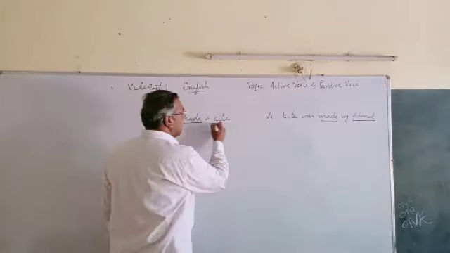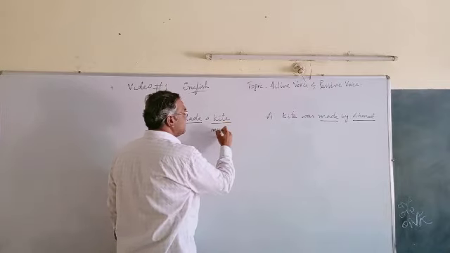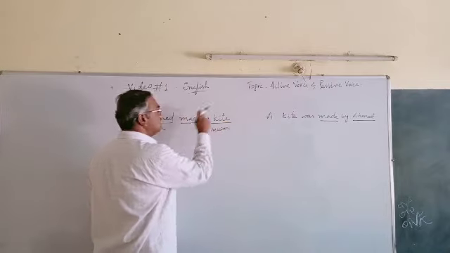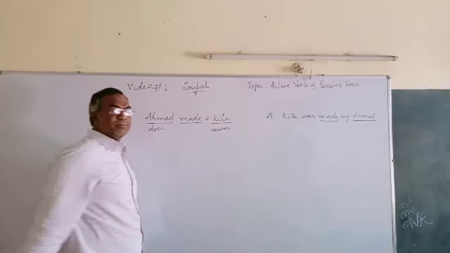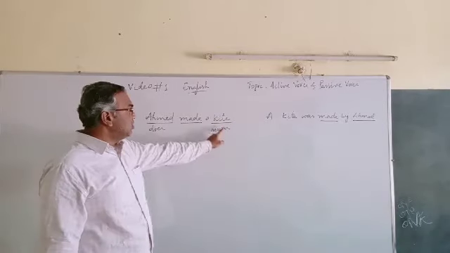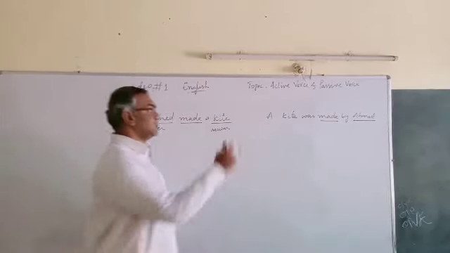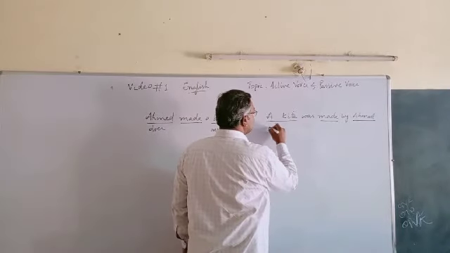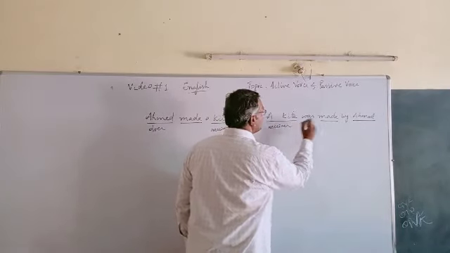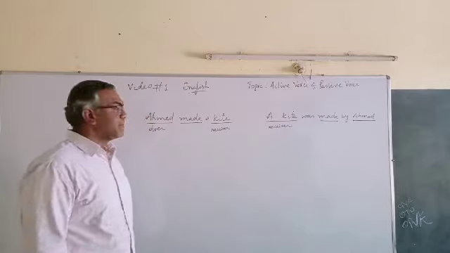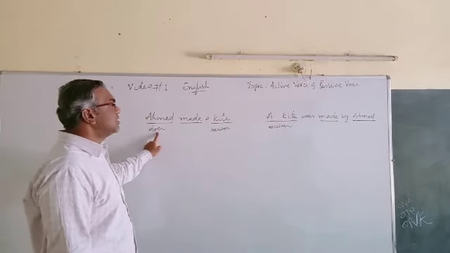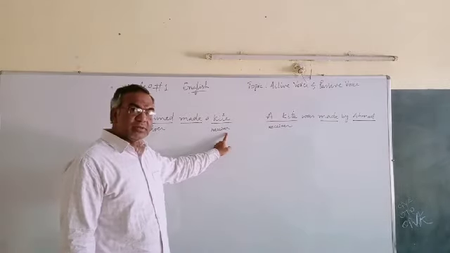And here, the kite is the receiver of the action. Action is done on the kite. So the kite is the receiver. Ahmad is the doer, the kite is the receiver.